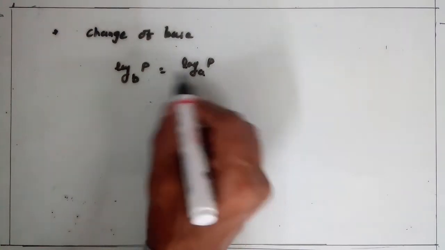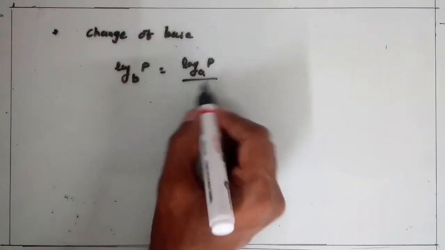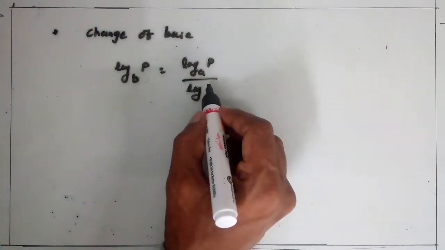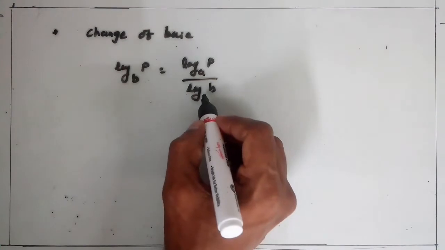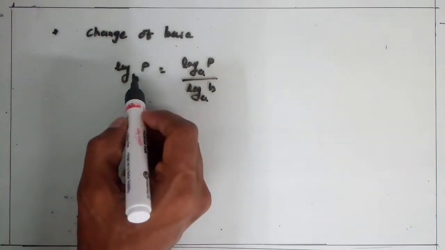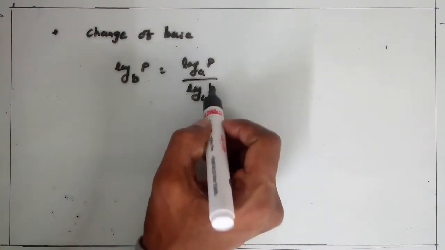Here we change the base. In place of b, write a, divided by the log with this base in log form, log b base a. Clear? So log_b p = log_a p / log_a b.